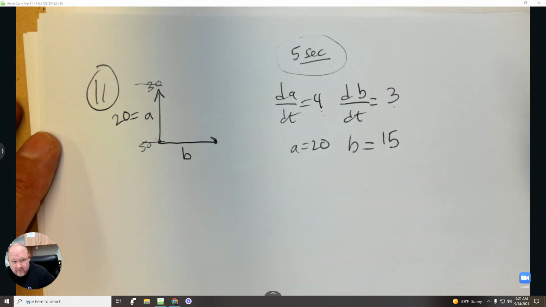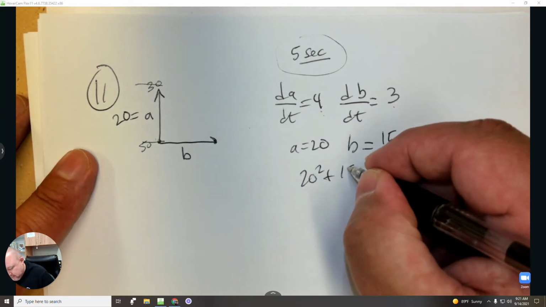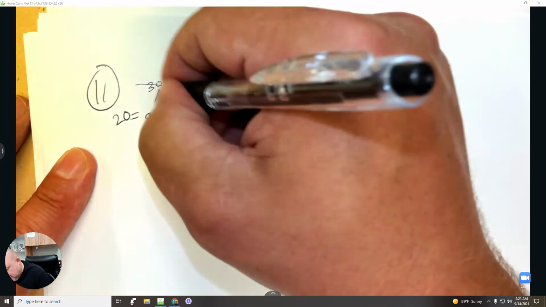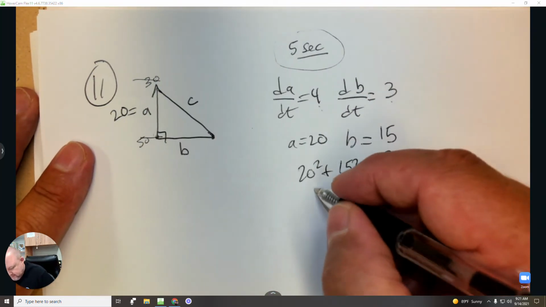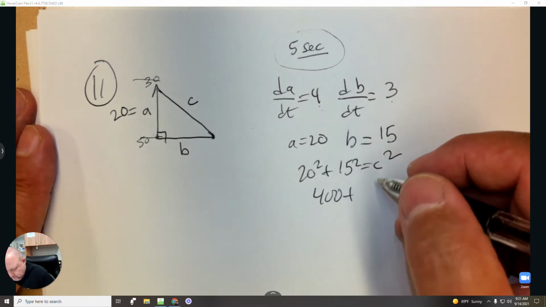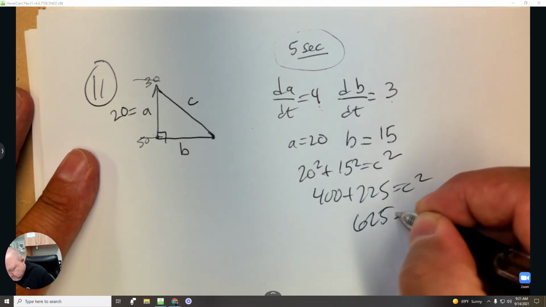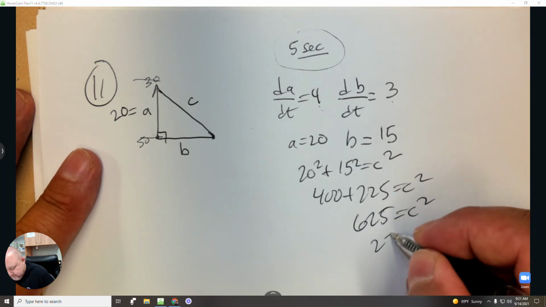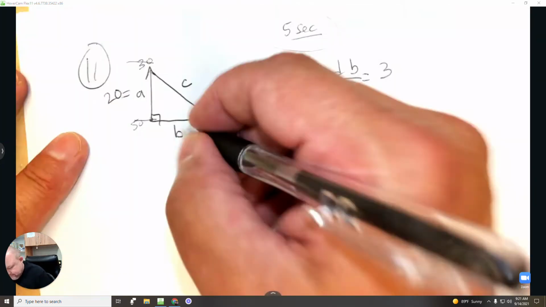Understanding the time involved. So then a squared plus b squared equals c squared. That's what we're solving. And then square root. So C is equal to 25.